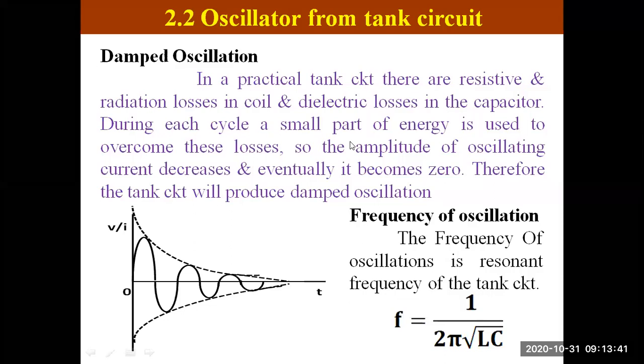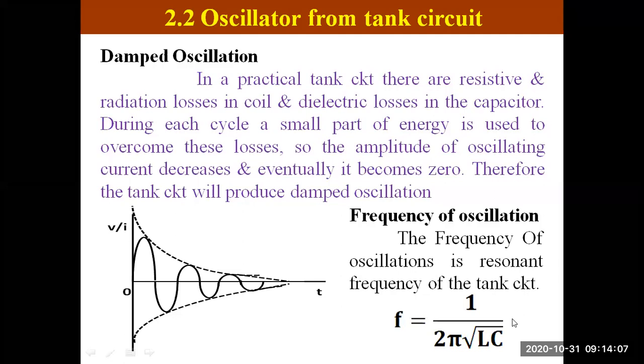During each cycle, a small part of the energy is used to overcome these losses, and so the amplitude of the oscillation decreases continuously. So the amplitude of the oscillating current decreases and eventually becomes zero. Therefore the tank circuit produces the damped oscillation.